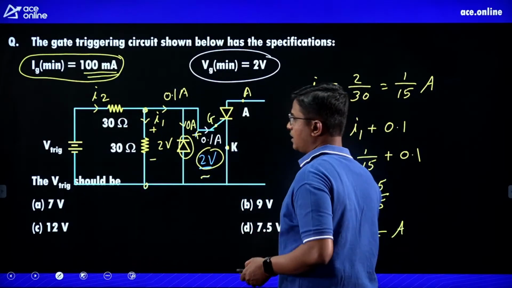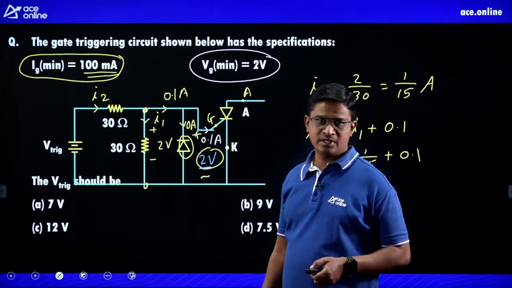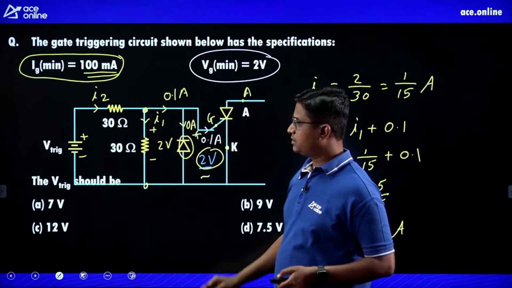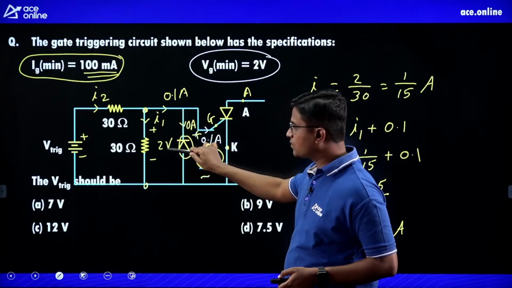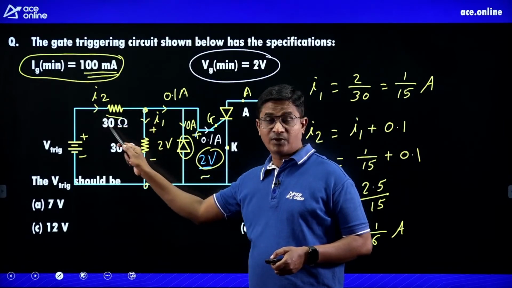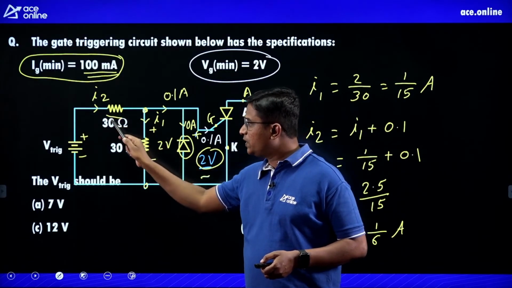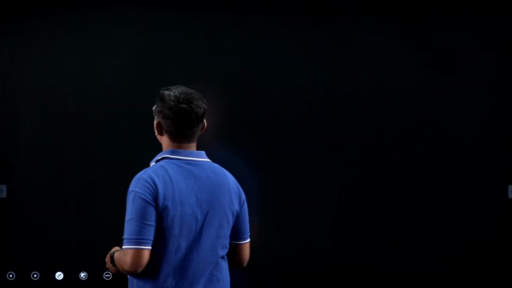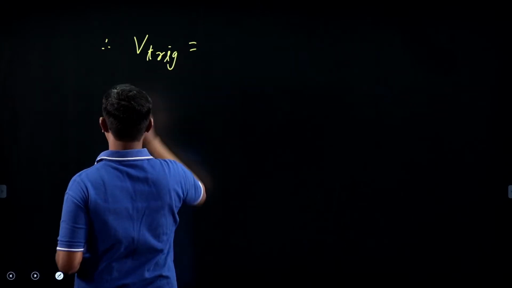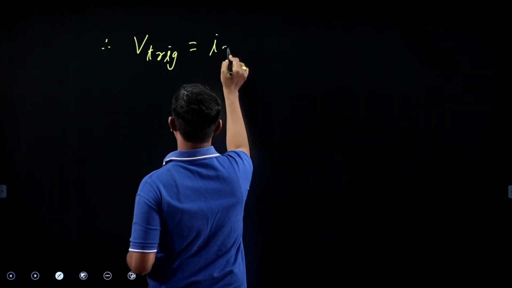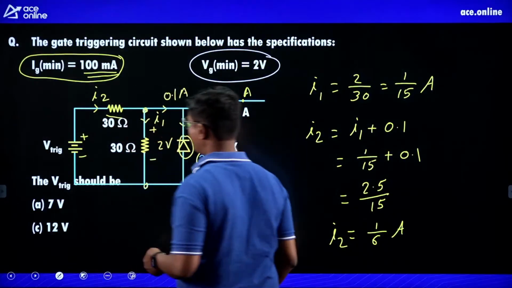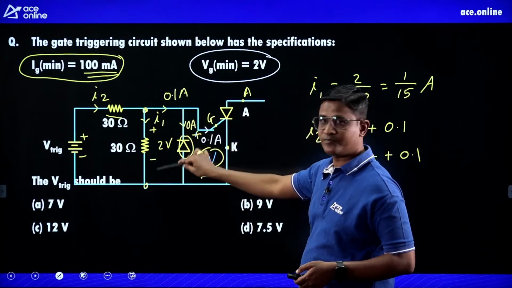Now our task is to find this V trig, right? So can I write this V trig is nothing but this voltage, which is equal to 2 volt plus the voltage across this 30 ohm resistor. And what is the voltage across the 30 ohm resistor? I2 into 30. So therefore V trig is equal to I2 into 30 plus 2. 2 means this voltage is 2 volt, right?